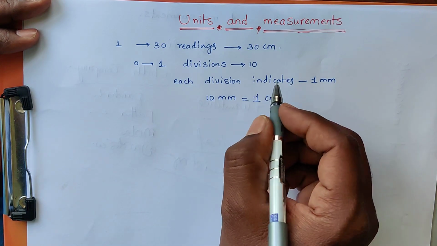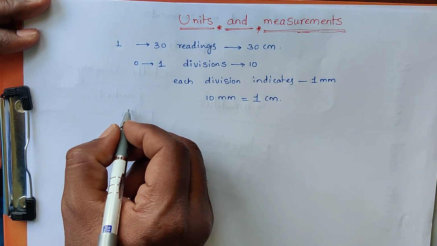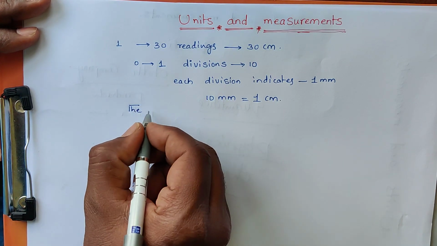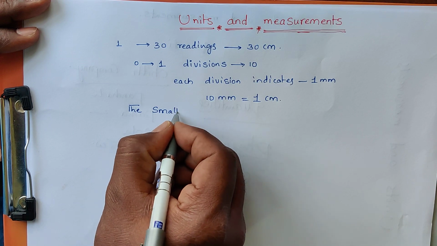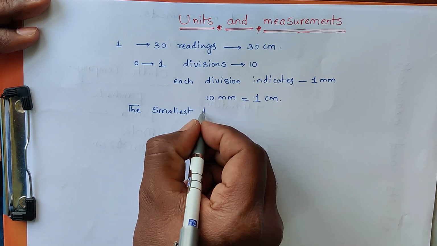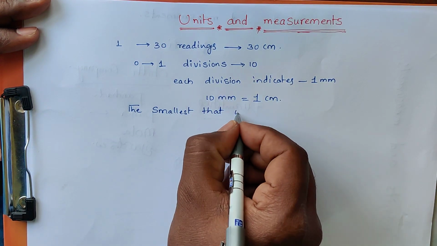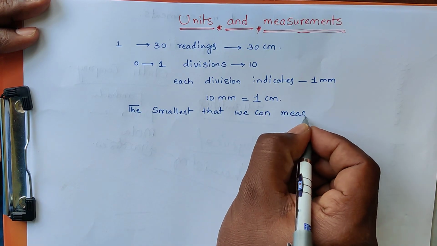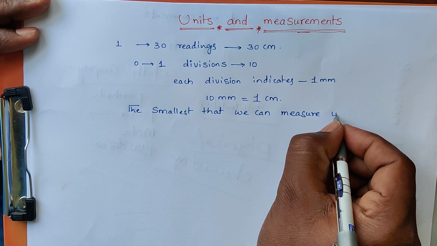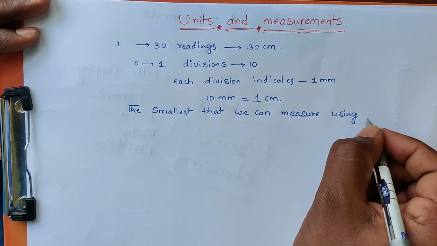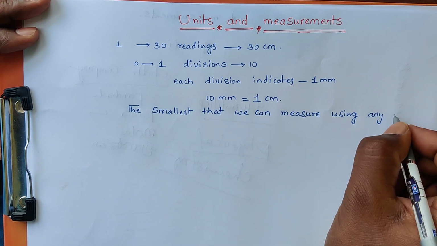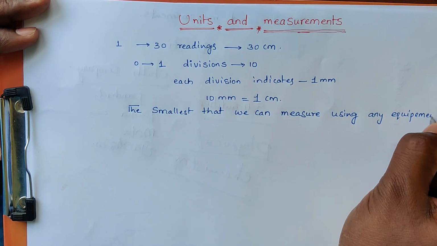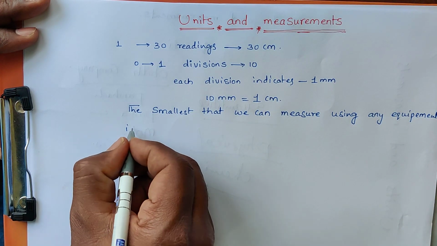Using an ordinary scale, the smallest value that we can measure using any equipment or instrument is called least count.